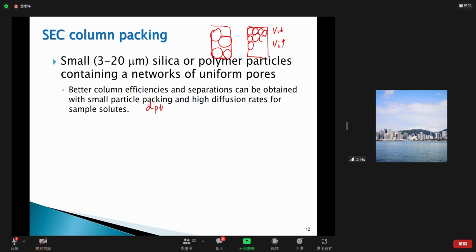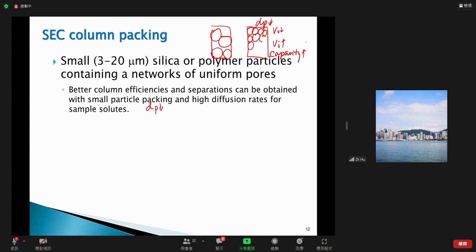If dp decreases, the particles are better packed and there is smaller space between them, and you increase Vi, the pore volume. Remember, Vi is the available volume for the separation to happen, so the capacity increases and you get better separation.